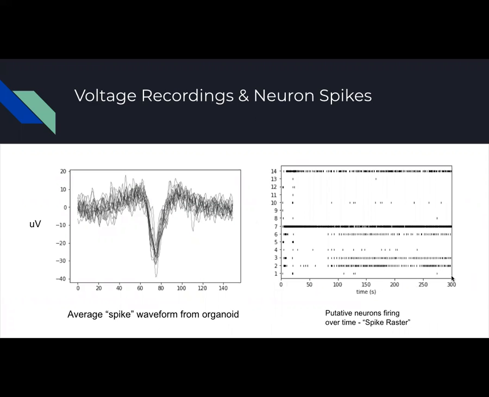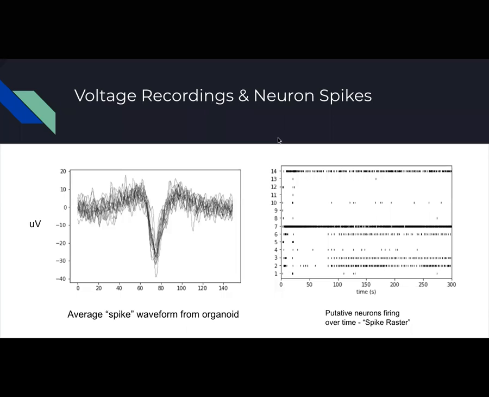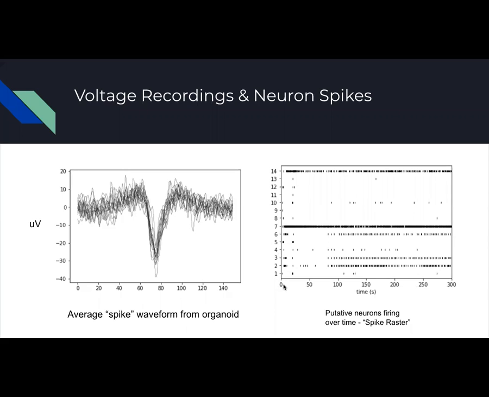And this is something called a spike raster. And it's just a timing diagram of where we computationally identified that neurons fire. So on the y-axis here, you have units, or in other words, things we think are neurons based on our recording.